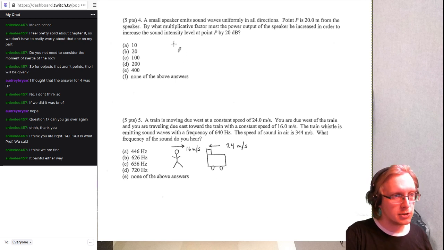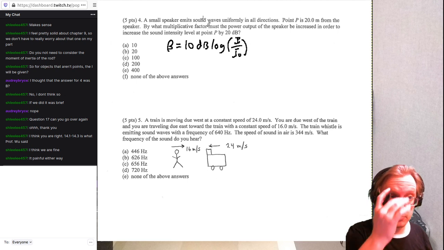Alrighty. So we have that beta is equal to 10 dB times the common log of I over I naught.